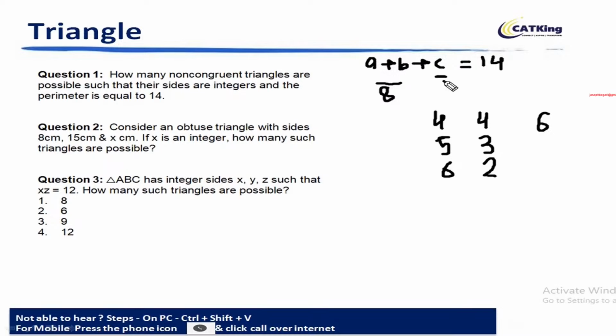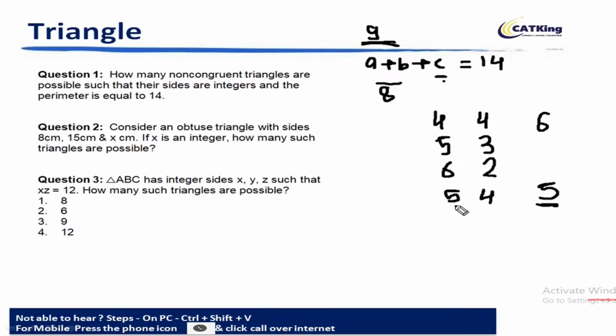What if the value of c is less than 6? Suppose 5 is the largest side, then a plus b will be 9, right? And for a plus b to be 9, there is only one possibility, which is 5 plus 4. We cannot take 6 plus 3 because the largest side is itself 5.